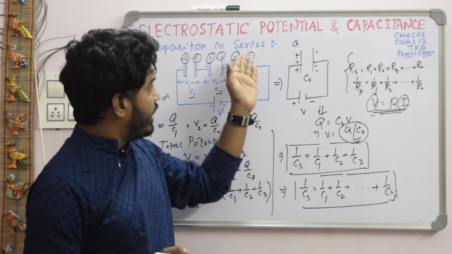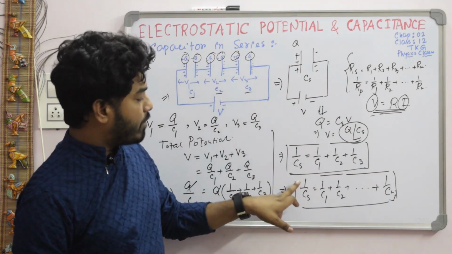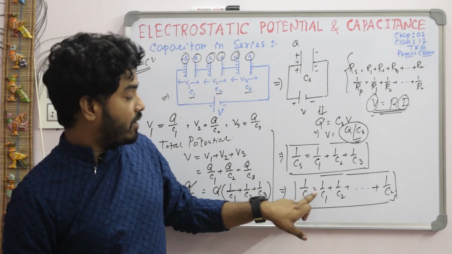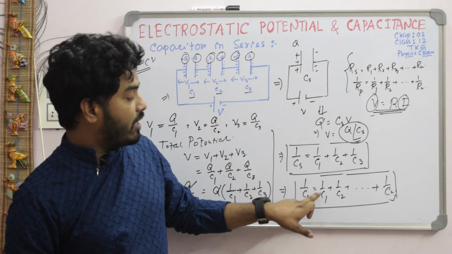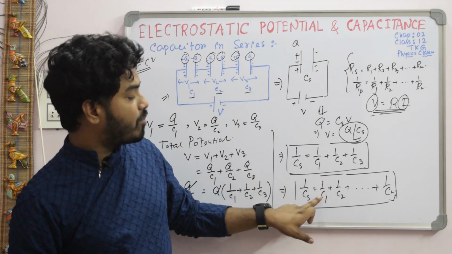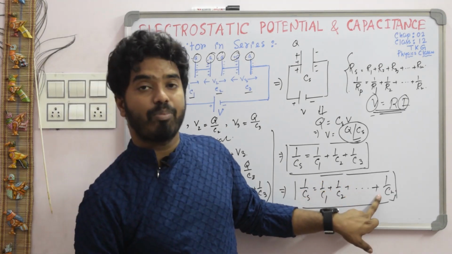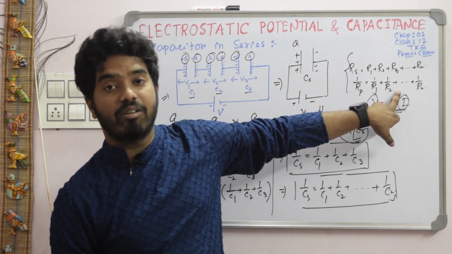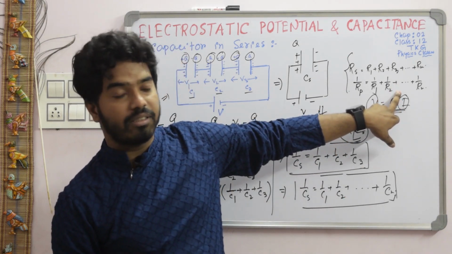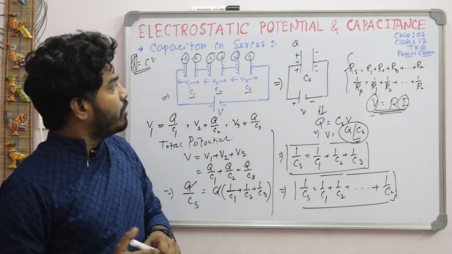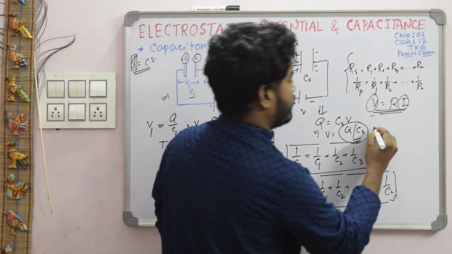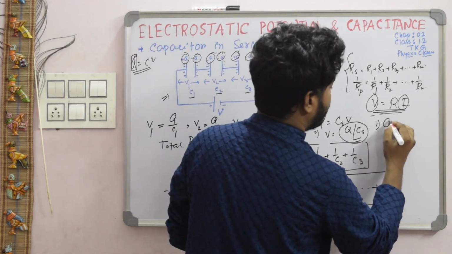For series combination of capacitors, the reciprocal of the equivalent capacitance is equal to the sum of the reciprocals of the individual capacitances, which is like the resistance parallel combination, right? Okay, so for series combination, first of all, the first point: Q is the same.